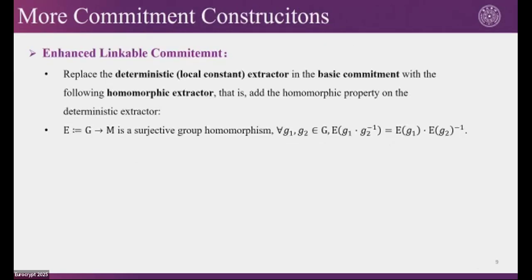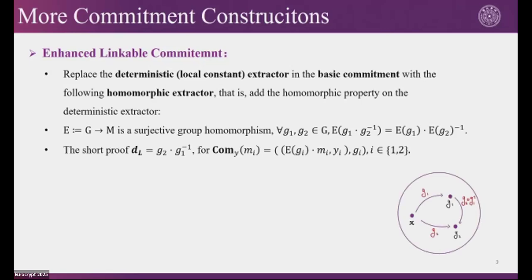To obtain an enhanced linkable commitment, we just need to replace the deterministic or local constant extractor in the basic commitment with the following homomorphic extractor, which means we need E to be a surjective loop homomorphism.